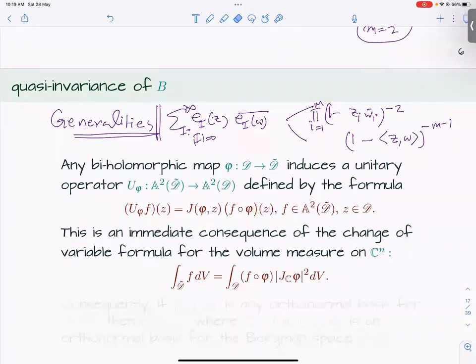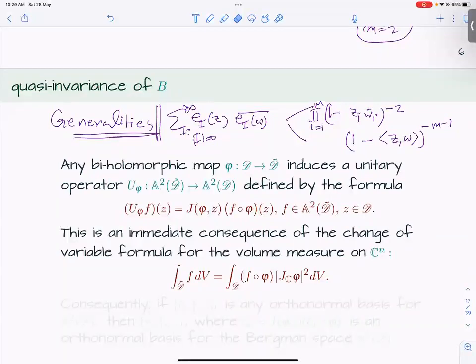Consequently, if you ask whether this is a unitary map, well, since phi is biholomorphic, that is bijective, this derivative does not vanish. Therefore, this map from A2 of D tilde to A2 of D is actually a bijective map. It is onto and it is one-to-one because phi is one-to-one, and this Jacobian, this derivative, is non-vanishing.